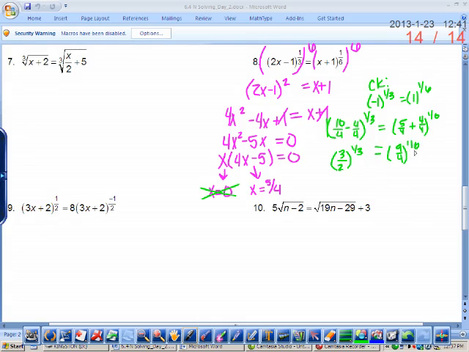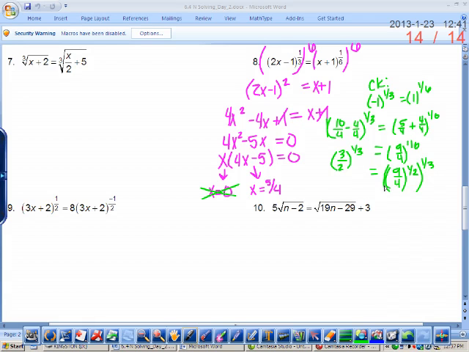We've got to see if these are the same. Right now it's kind of hard to tell. But what you could do is you could raise both sides to the 6th again. Or would you agree that this is the same as 9/4 to the 1/2 power raised to the 1/3 power? Do you agree with that?